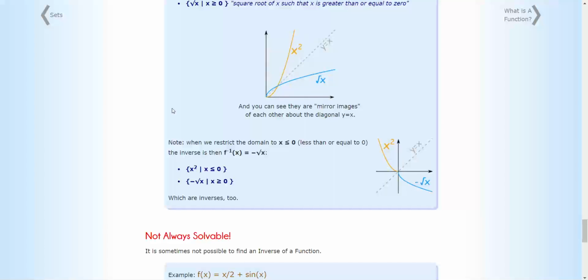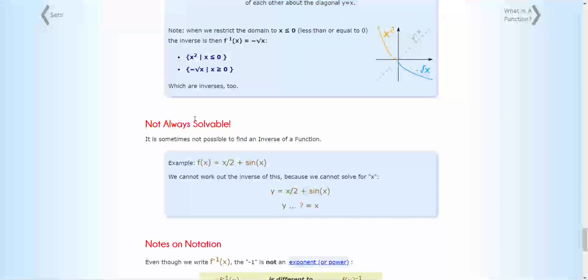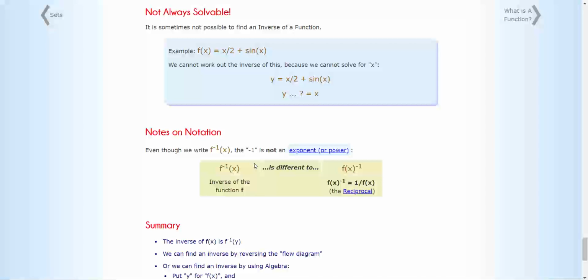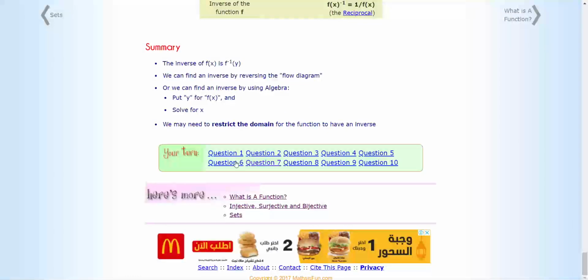And there are some irreversible functions like this. I didn't really try to solve this, but just keep in mind that some things are irreversible.